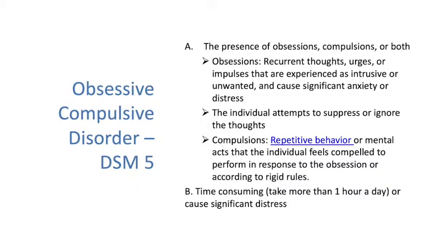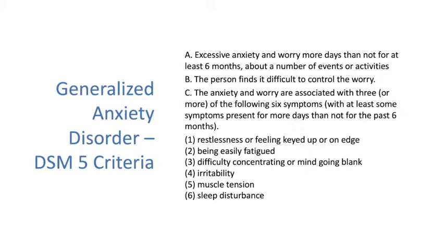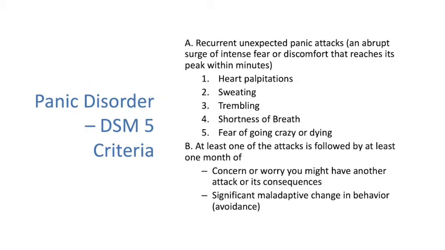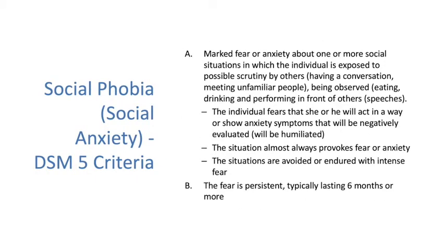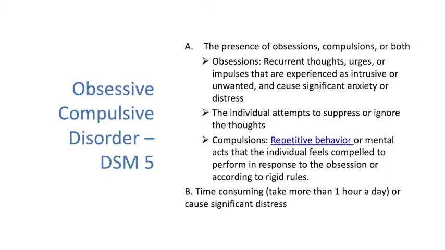And of course, all the conditions that we talked about, given the diagnosable nature of them, okay, are all extremely debilitating. And in fact, I'm not showing you the entire DSM criteria here when we discuss generalized anxiety, panic, agoraphobia, social anxiety disorder, and then finally obsessive-compulsive disorder.